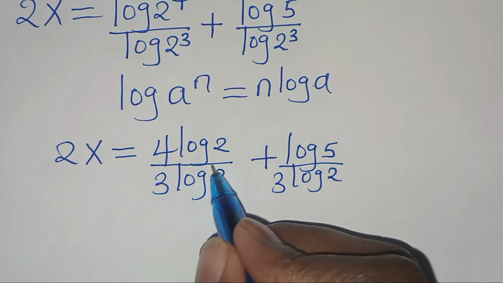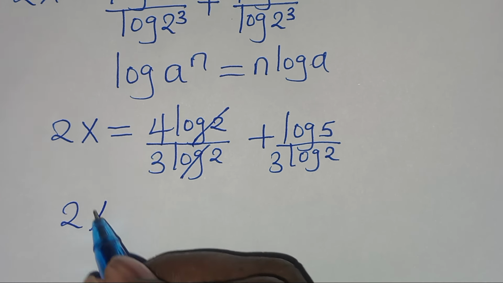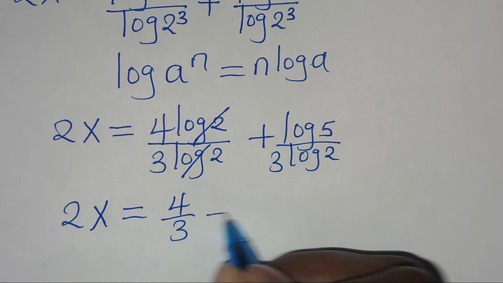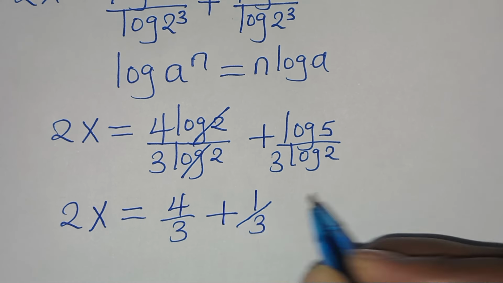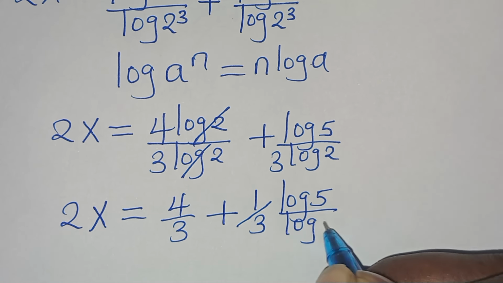So let's simplify here log 2 and log 2, so that now 2x is equal to 4 over 3 plus 1 over 3. This is log 5 over log 2.